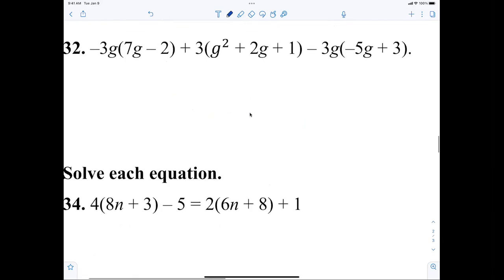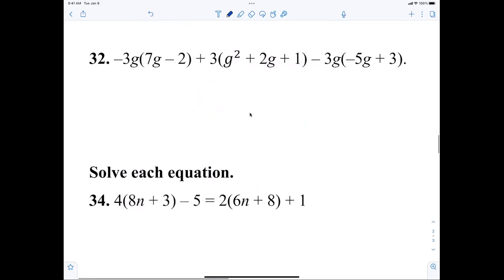Negative 3g times 7g, negative 21g to the second. And then negative 3g. Just tell me what's going next.